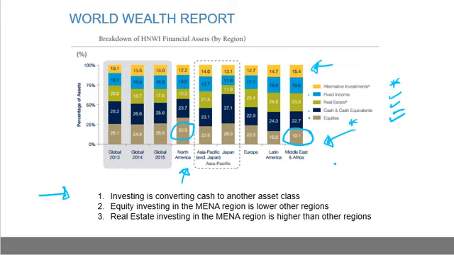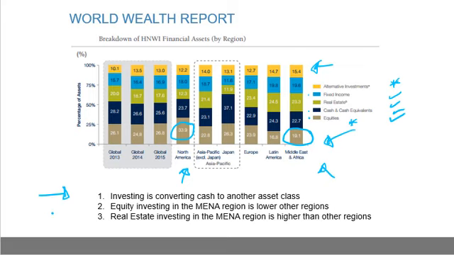The history is not as long and the size of the markets is not as big, so the percentage of assets invested in equities is not as big. This presentation is really to give more information on core portfolio investing in equities, not only in the GCC MENA region, but looking at a globally diversified portfolio.